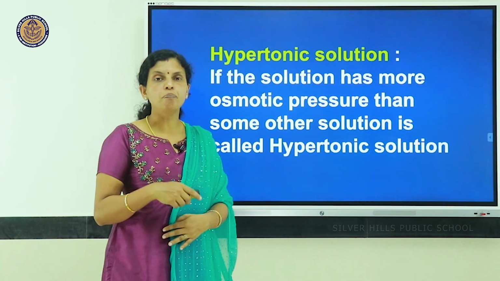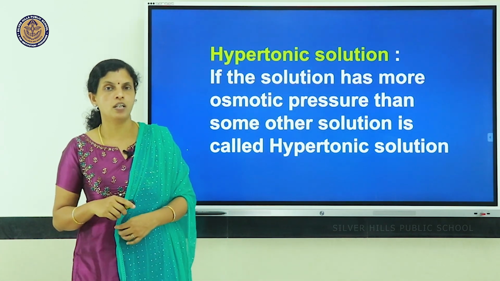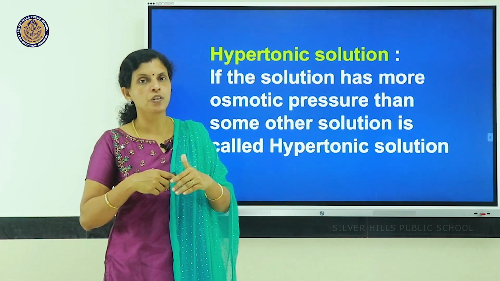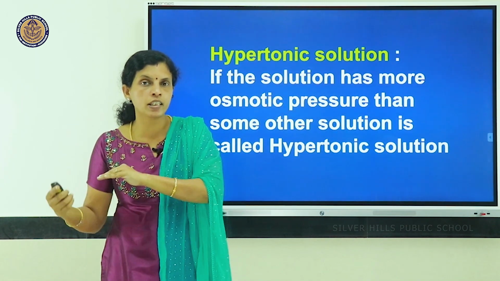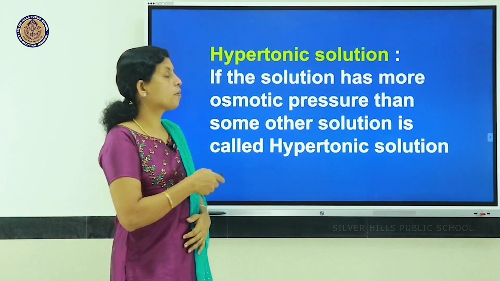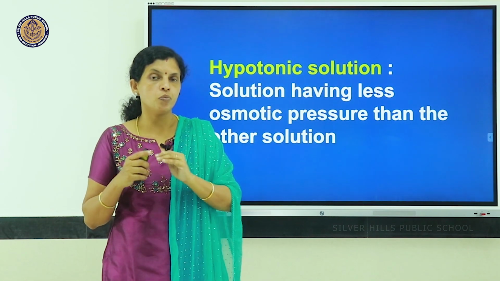Second one, hypertonic solution. Let's consider two solutions, A and B. If the osmotic pressure of A is greater than B, then A is called hypertonic solution and B is called hypotonic solution. Why?